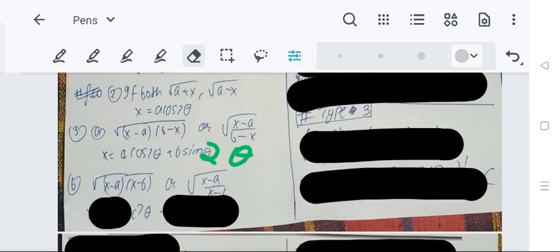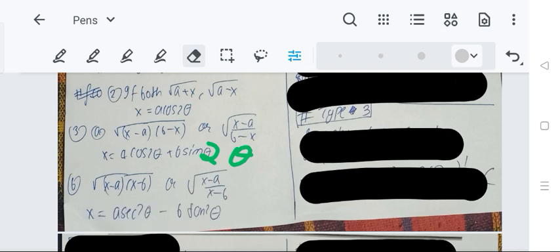Next, if the question has root of x minus a multiplied by root of x minus b, or root of x minus a divided by x minus b, then simply put x is equal to a secant square theta minus b tan square theta.